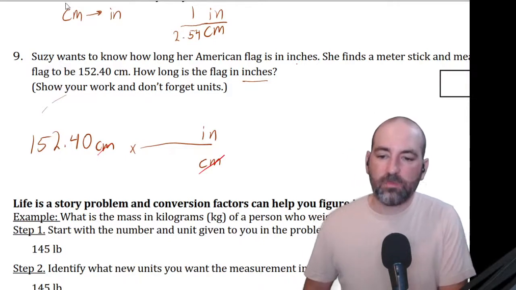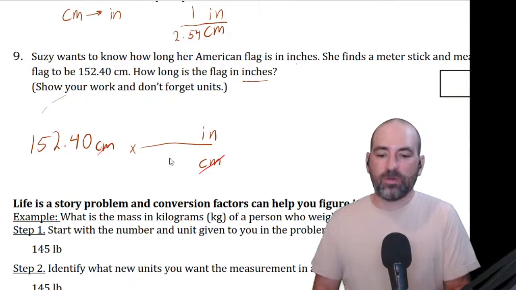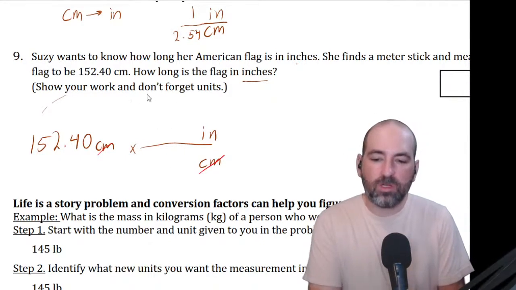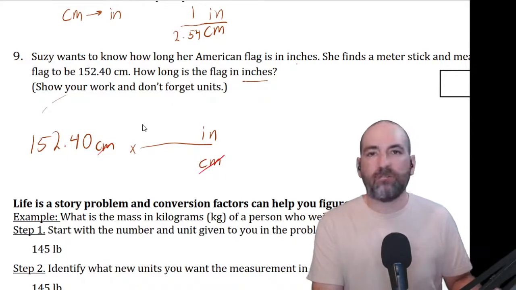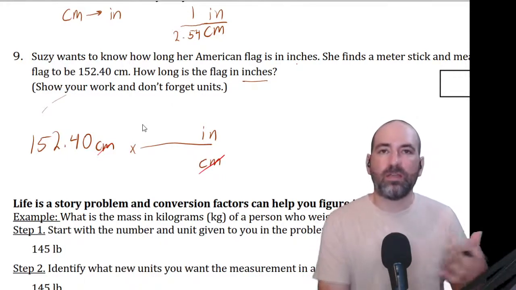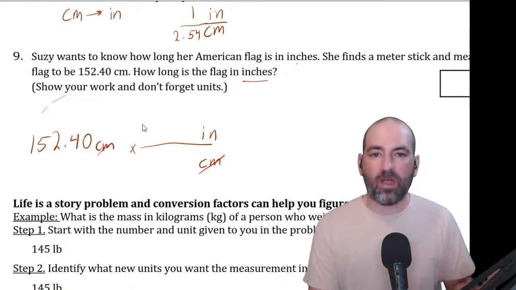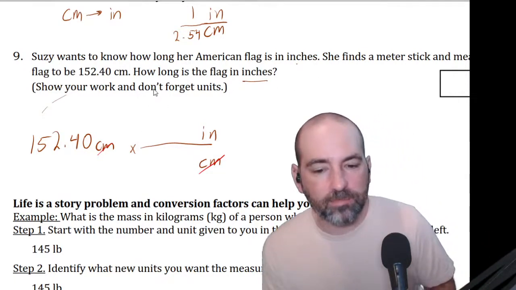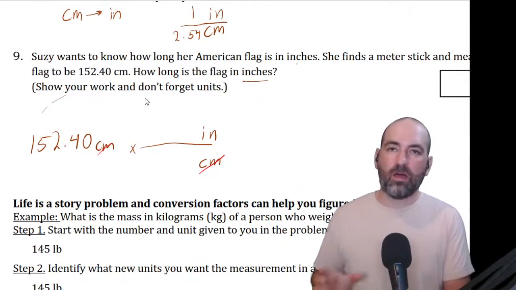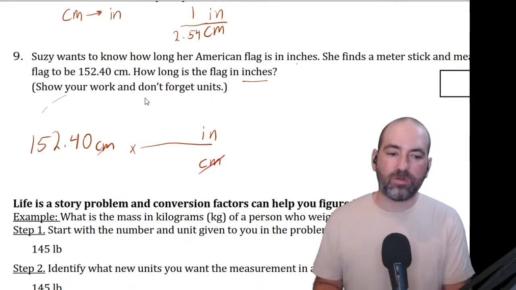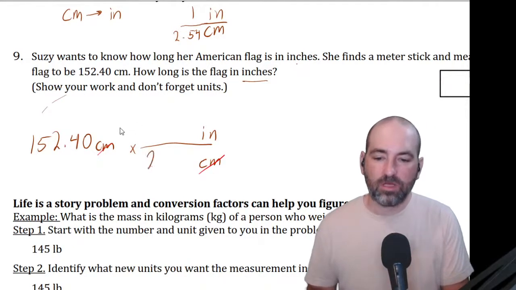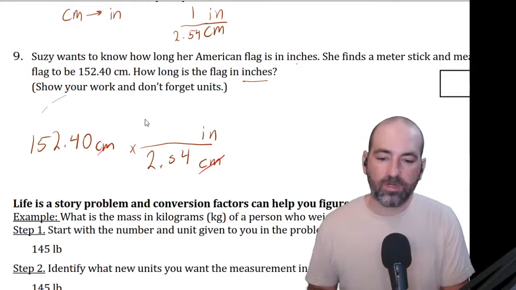So after you've set up the units, then you can fill in the numbers. We look at this ratio and we say, okay, I know there's 2.54 centimeters in an inch, so I know I need those two numbers, but I just got to figure out where I'm going to put those numbers. So I think about how many centimeters are in an inch. There's 2.54 centimeters in 1 inch. So that means my conversion factor has to look like this, 2.54 centimeters in 1 inch.